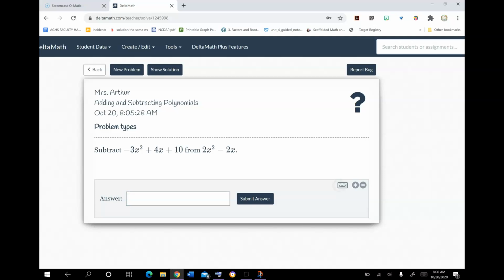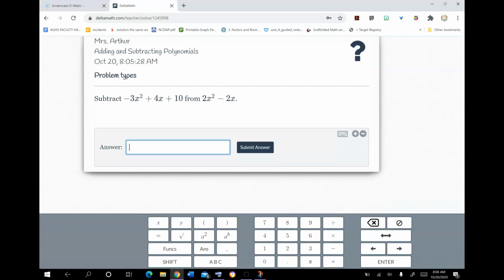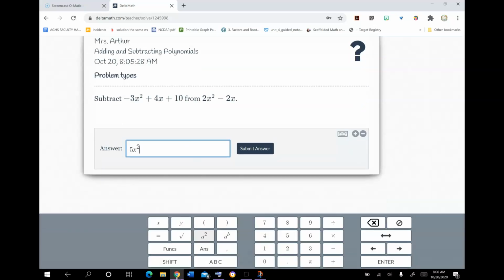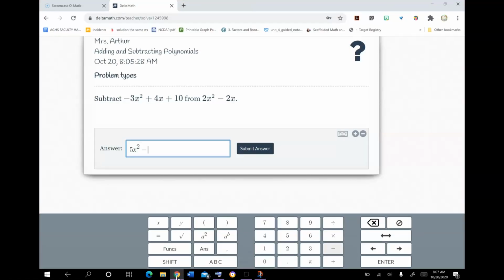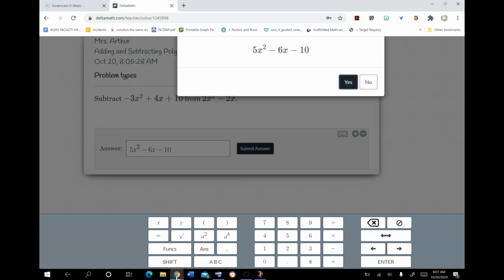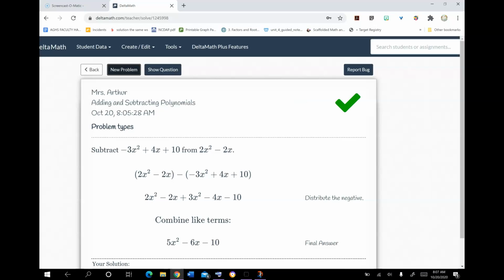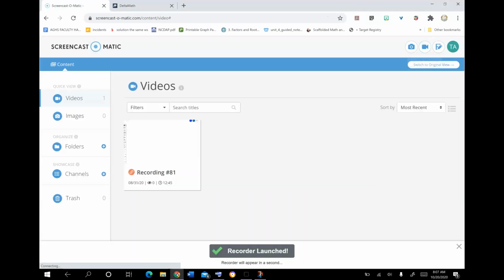So it is 5x squared, and then it was minus 6x minus 10. Not so many minuses there. There we go. Ta-da! All right, so that's it. As soon as I can find my screen recorder, we're going to stop this. And that's it.